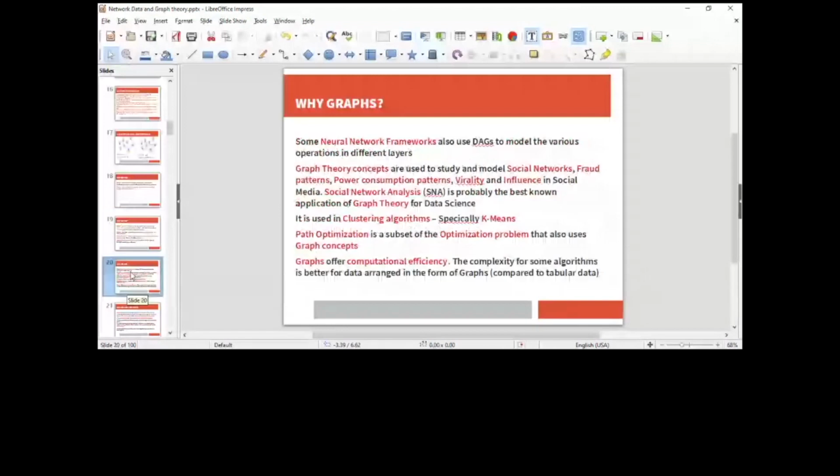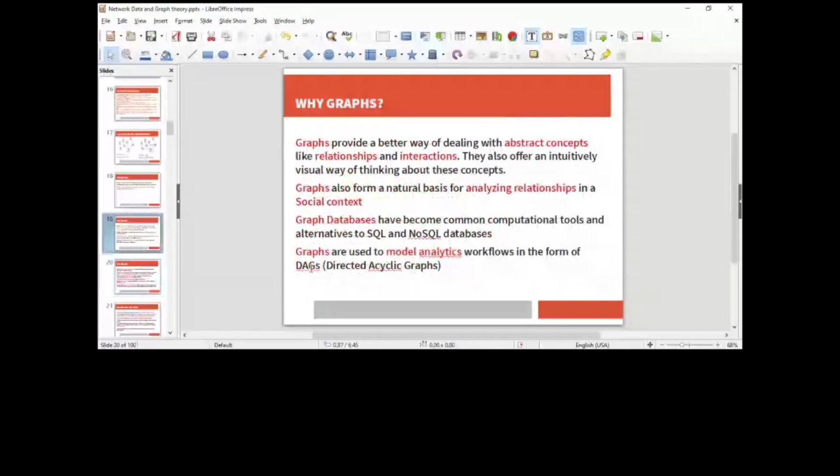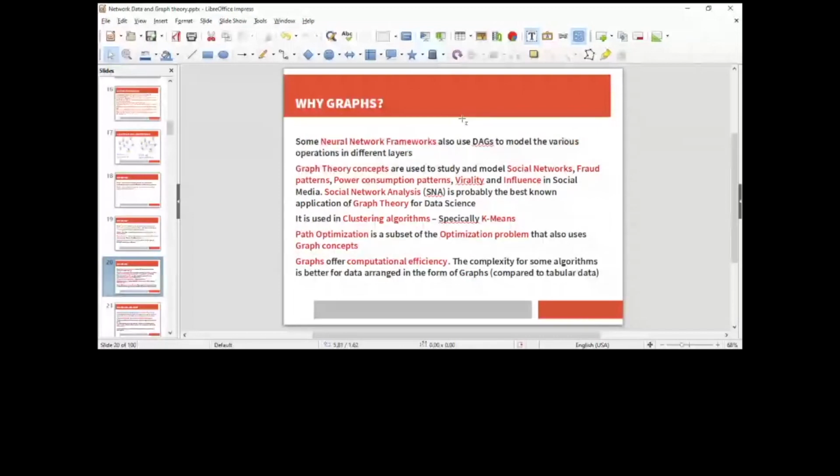We also have what we normally call DAGs. So we do have neural network frameworks, which also use DAGs to model various different layers. So there are so many reasons why graphs are very powerful.